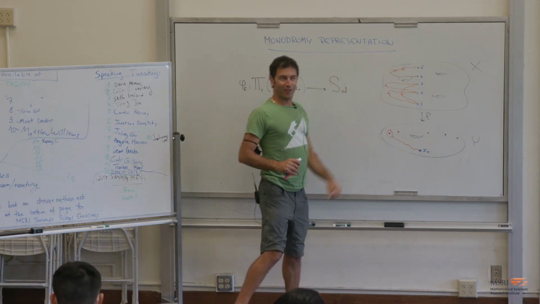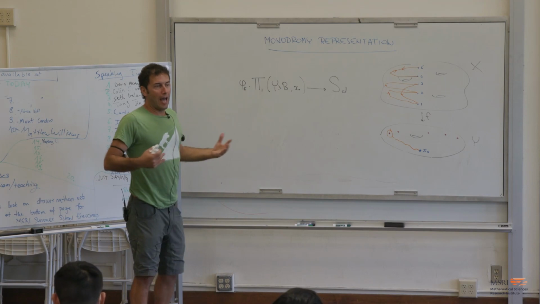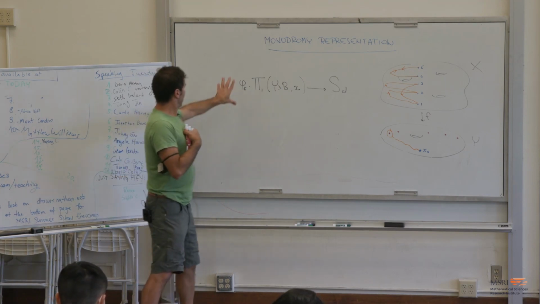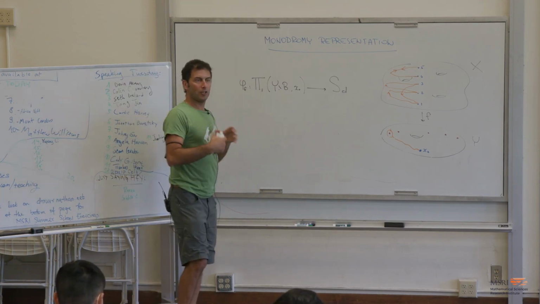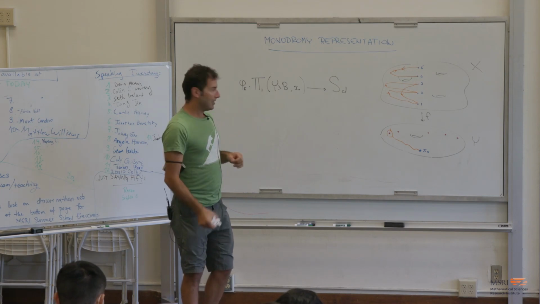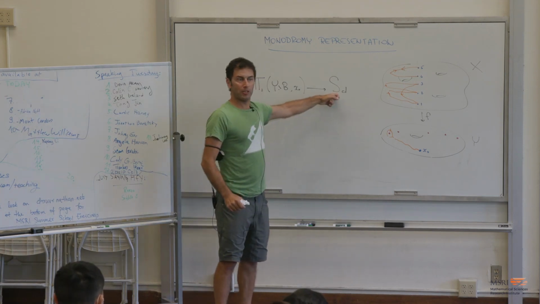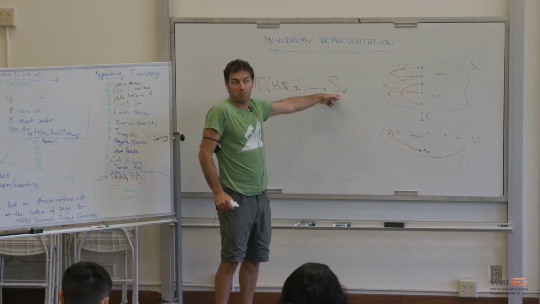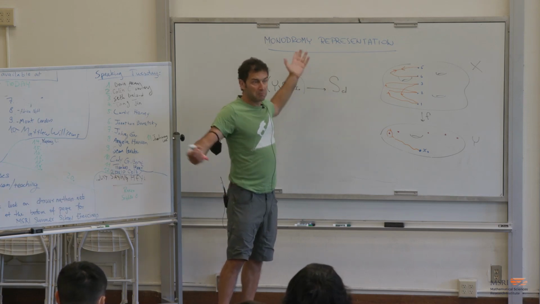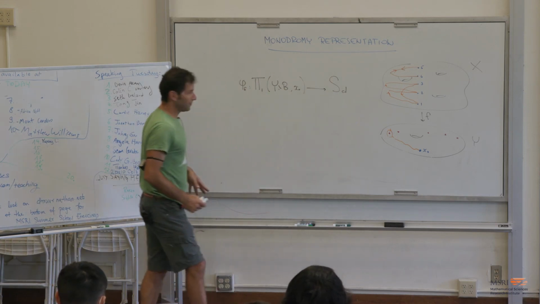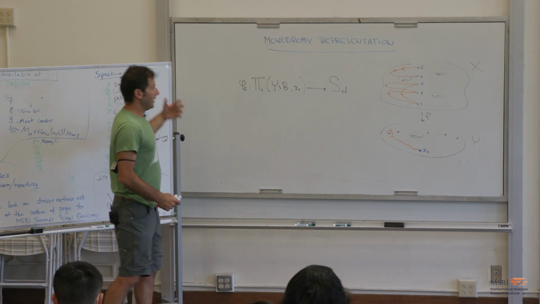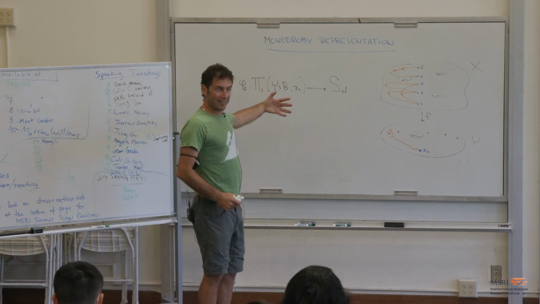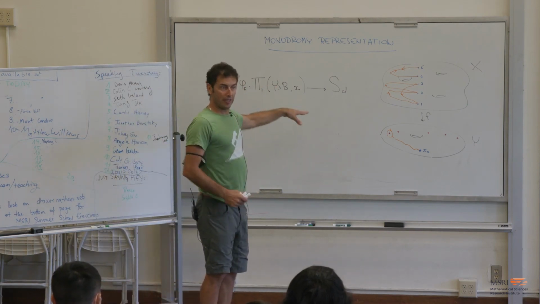That's perfectly legit. What happens is that my monodromy representation and Jay's monodromy representation will differ by postcomposition with an inner automorphism of S_d. Great. So what we're really counting is inner automorphism classes of monodromy representations.